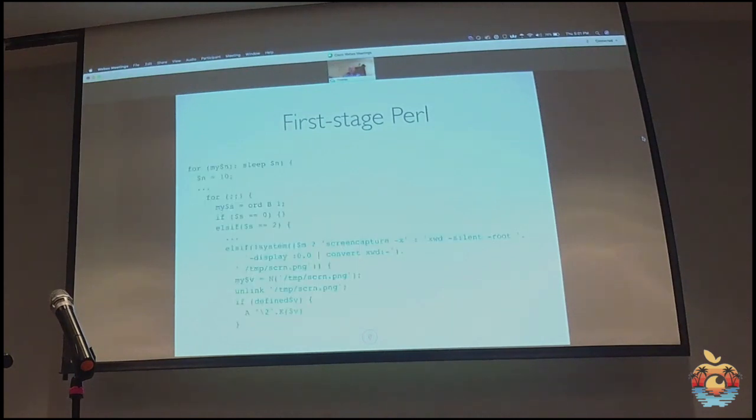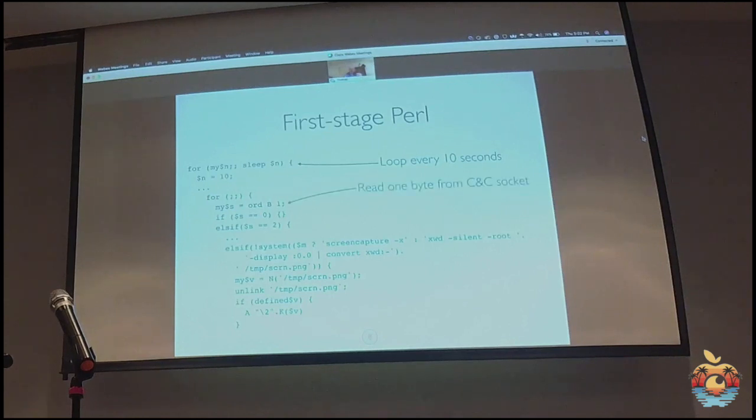So if we look at the Perl script, it's fairly simple overall, and we're just going to look at a short snippet of it. This Perl script basically loops every 10 seconds, and it sleeps and then just waits for 10 seconds.